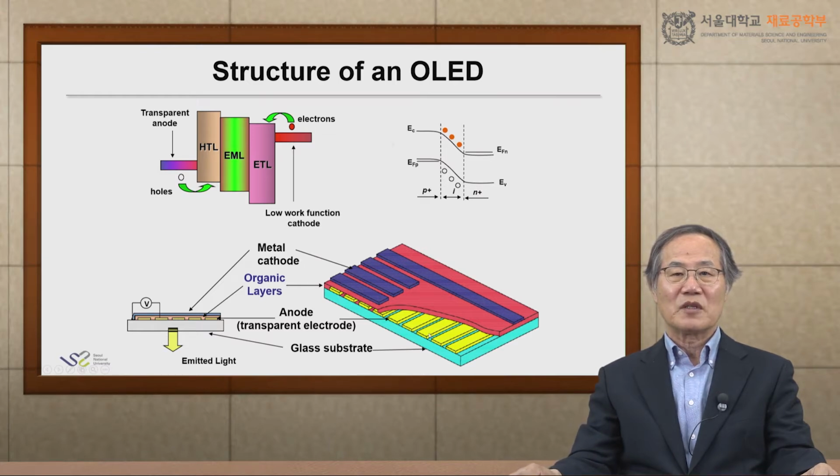Then if you sweep this voltage rapidly enough, our eye perceives this as moving images. So this is the very, very simple schematic diagram of a passive matrix display.